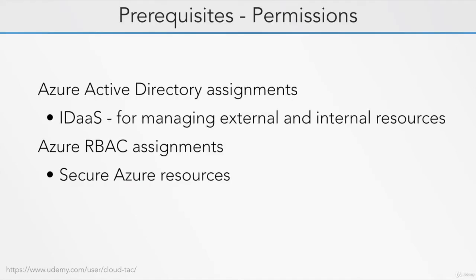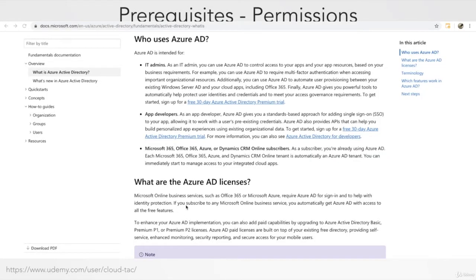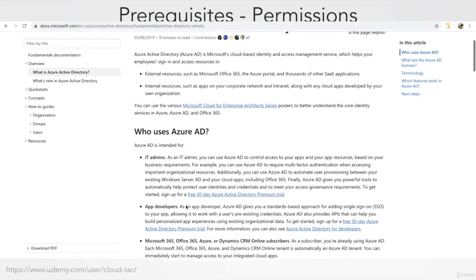Before creating management groups, you need to understand the difference between managing resource access through Azure Active Directory and Azure Role-Based Access Control. Azure Active Directory is Microsoft's cloud-based identity access management service.